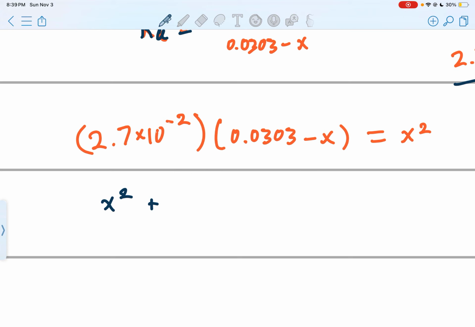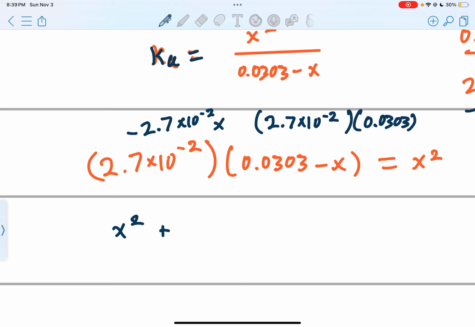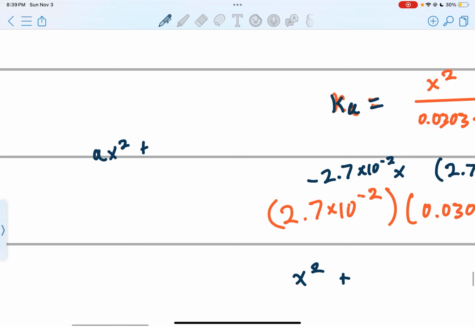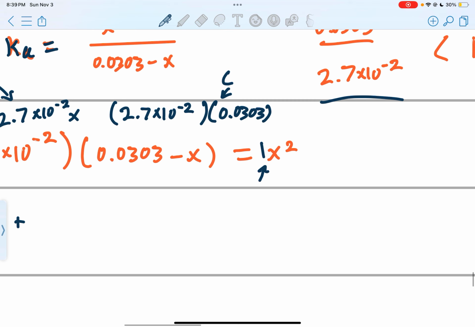So these two terms become 2.7 times 10 to the power of -2 times x, and 2.7 times 10 to the power of -2 times 0.0303 is our C value, right? Because quadratics come in ax squared plus bx plus c. So this is our C value. This is our B value. And 1 is our A value.